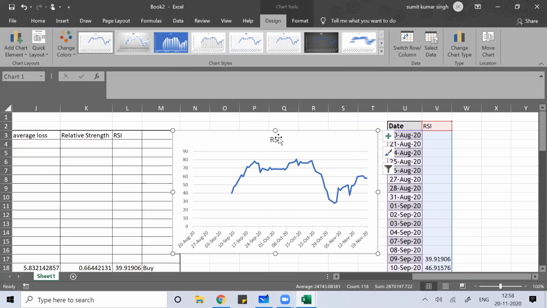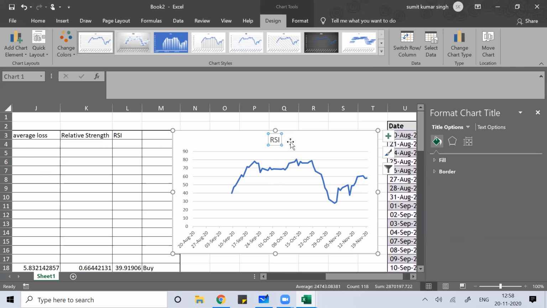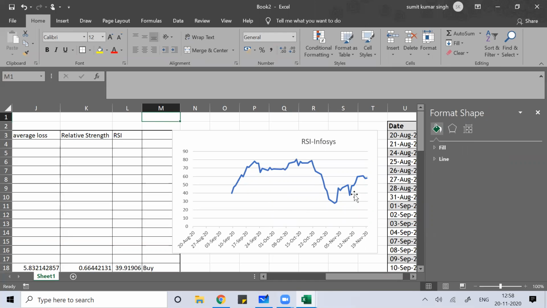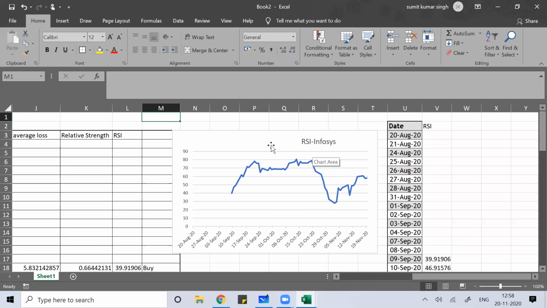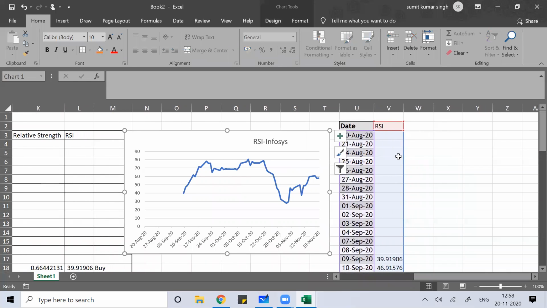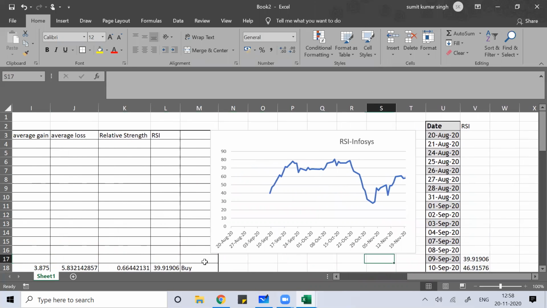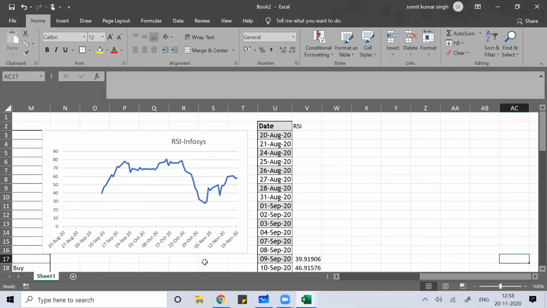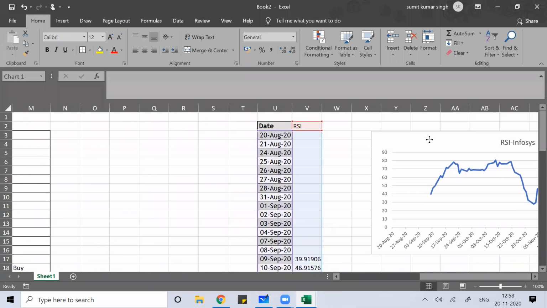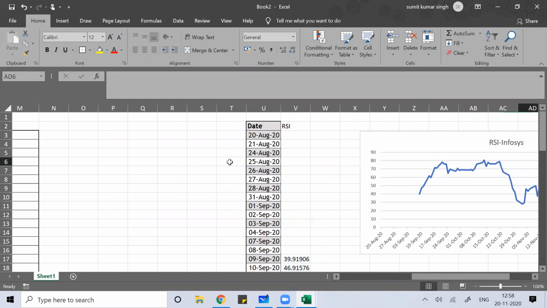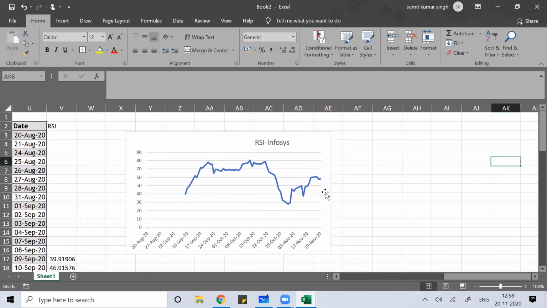This is the RSI of Infosys. So you can see this RSI value. So this is the graph.